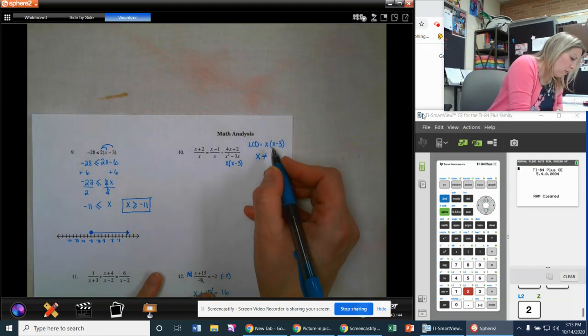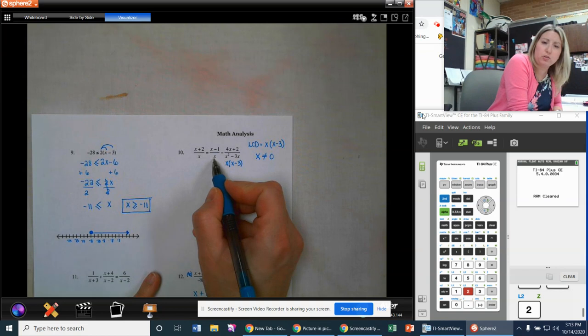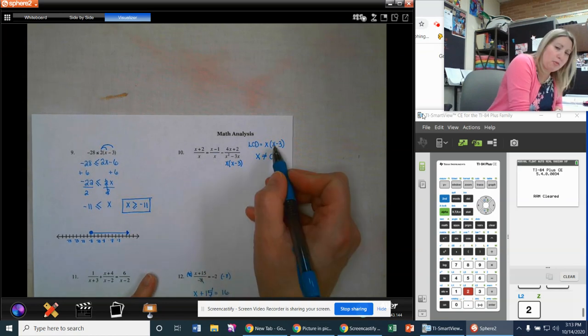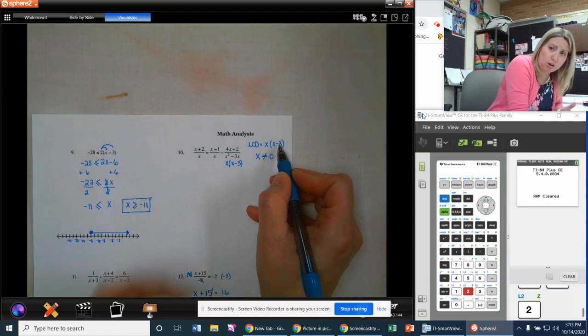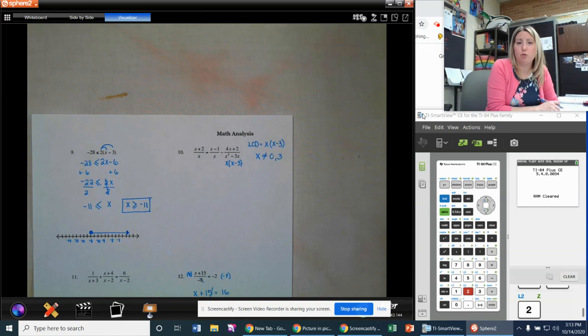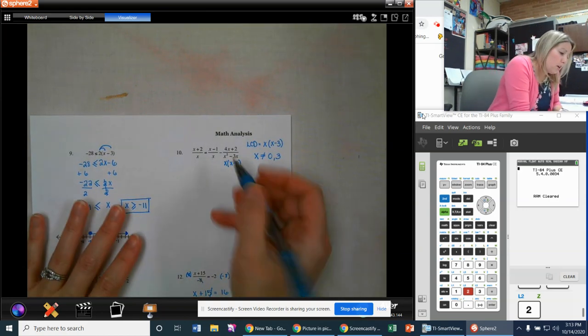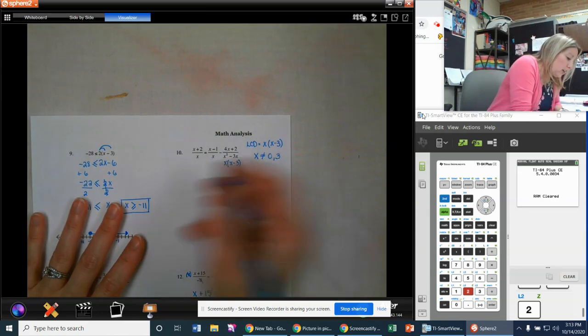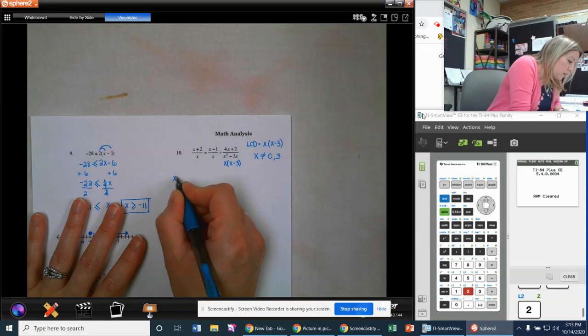What can't x be? Oh, x can't be 0 for sure, because you can't put a 0 here. And then if we think about this, if you put 3 here, right, what's 3 minus 3? It's 0. So you can't have 3 as an answer for x either. So we're going to have to watch out for those as we go. Now take this entire LCD and multiply it by every piece of my equation.